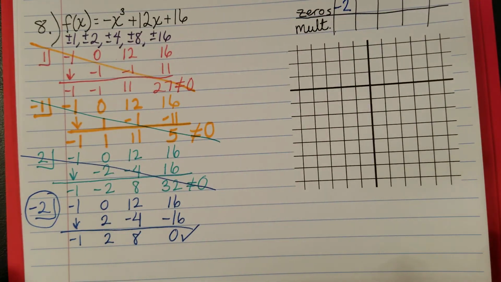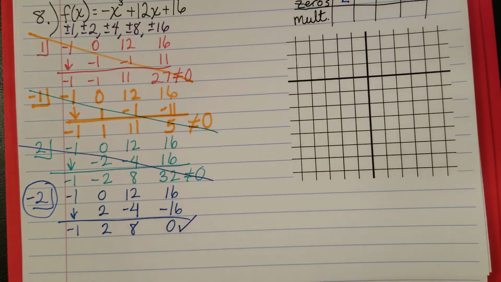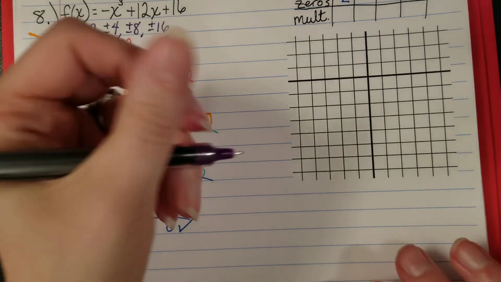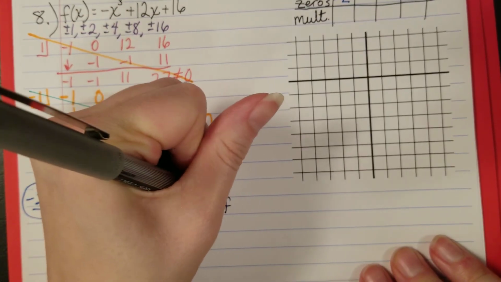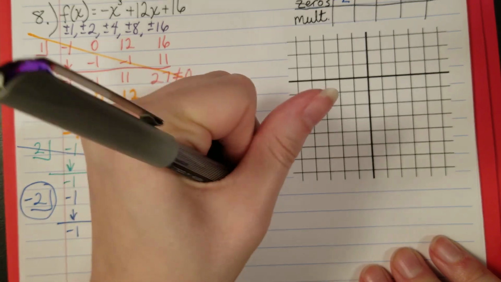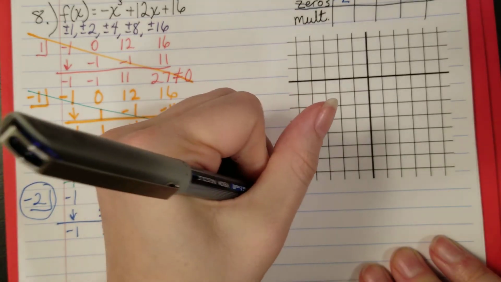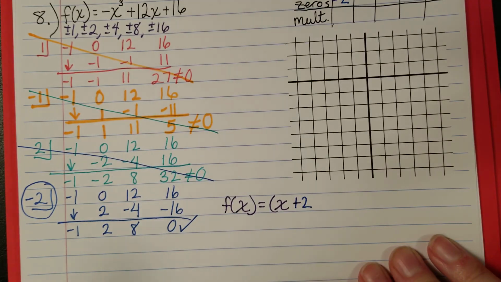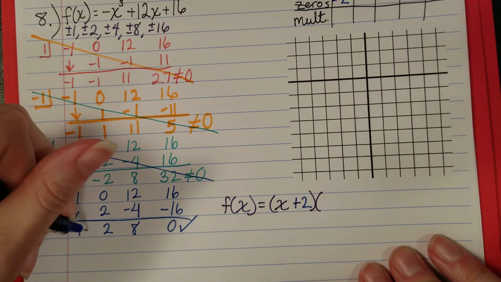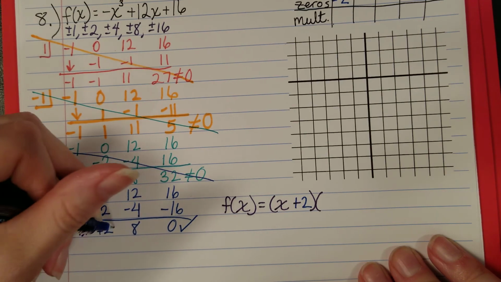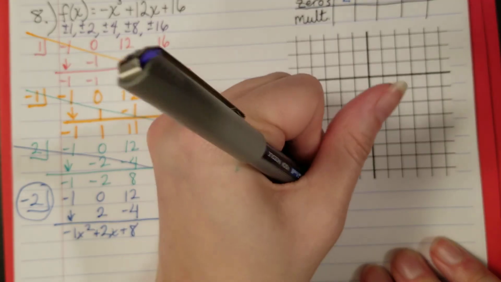So let's start writing down the factored form of the function. f of x equals x minus negative 2, which is going to be x plus 2. And then what's left is going to be negative x squared plus 2x plus 8.